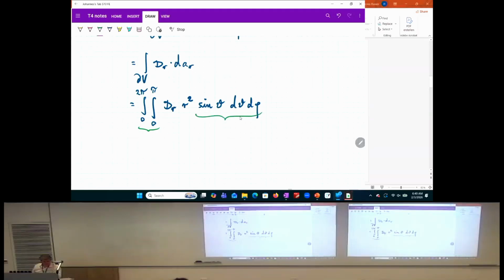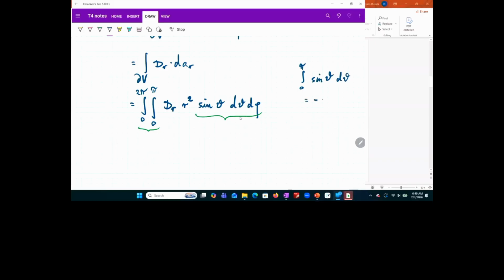So now you see that this can be simplified, or that can be integrated. We have, on the one hand side, integration from 0 to pi over sine theta d theta. That gives us minus cosine theta.